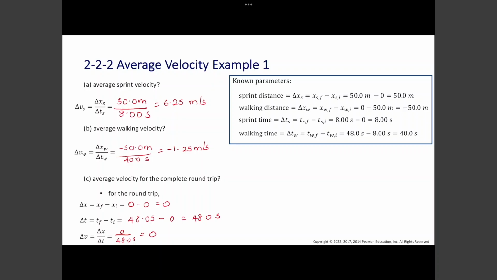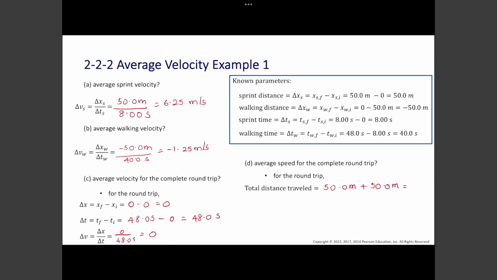Now finally we need to find the average speed for the complete round trip. For the round trip, the total distance traveled is not 0. It is 50.0 meters in the positive x direction, and when it is going back, another 50.0 meters.